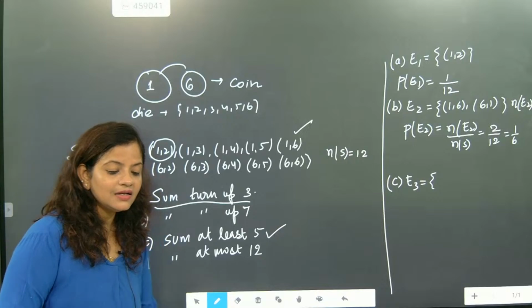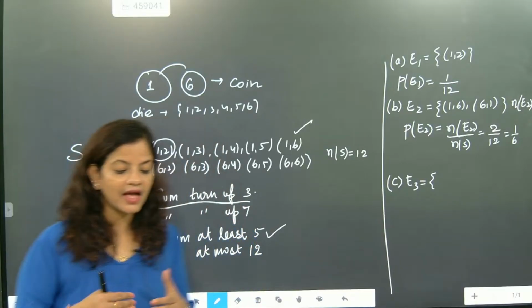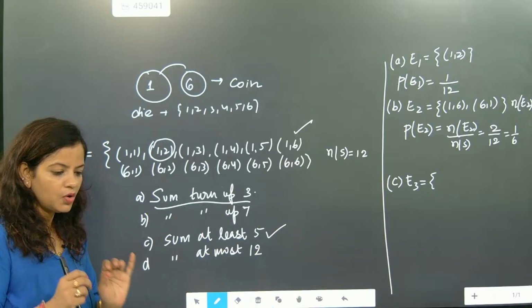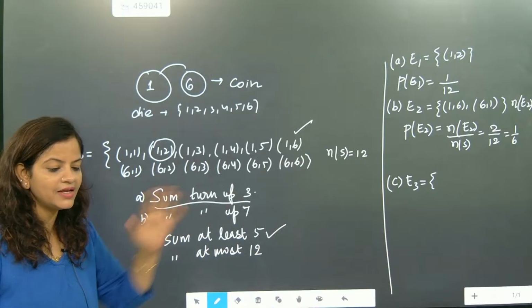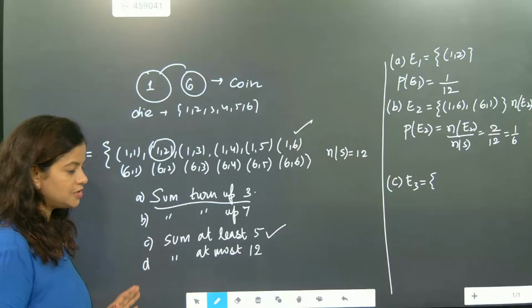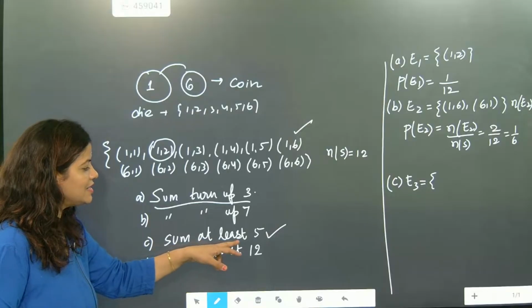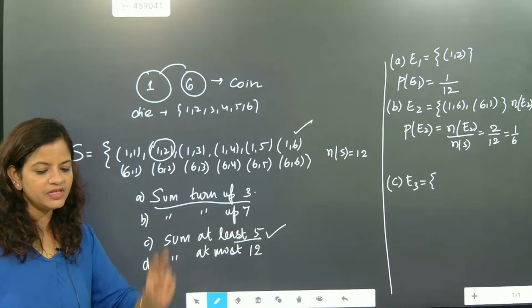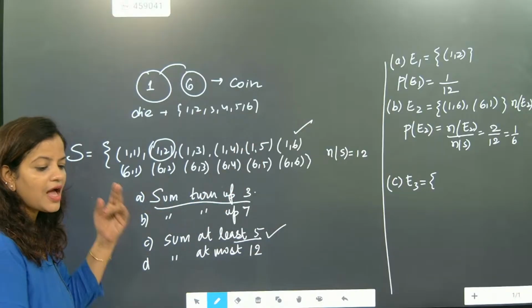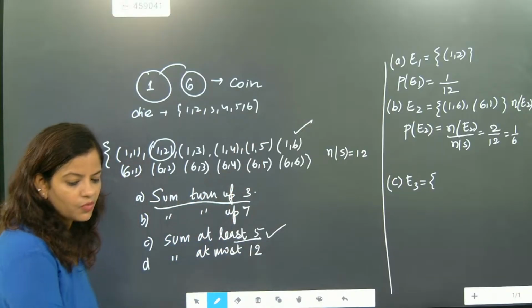At least means if somebody says, I can eat at least 2 chapatis, then 2 is my lower limit. More than 2, I can eat anything, even 200 chapatis. So here, at least 5 means 5 and more than 5.